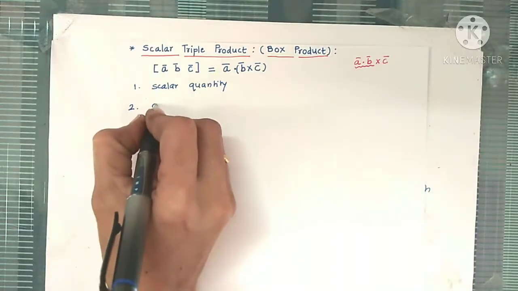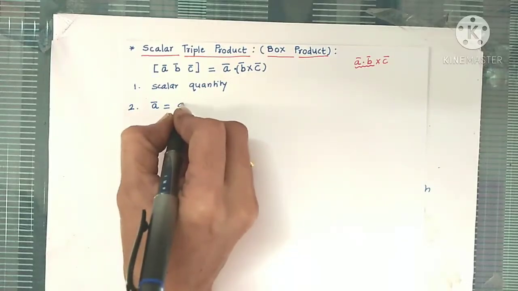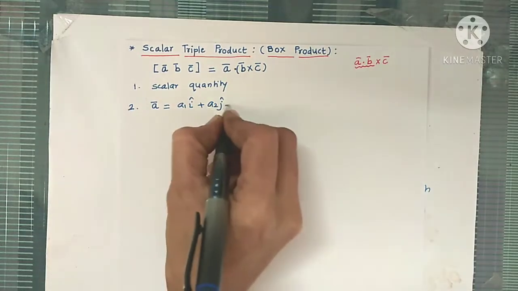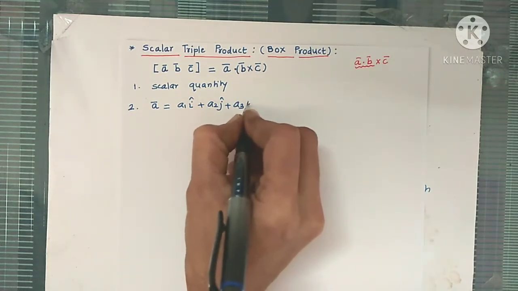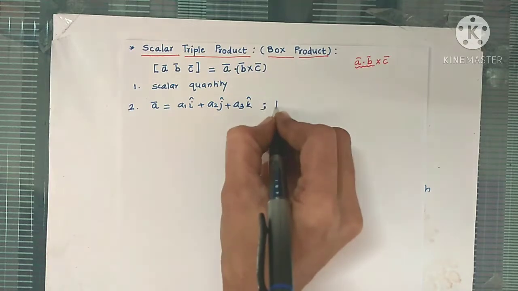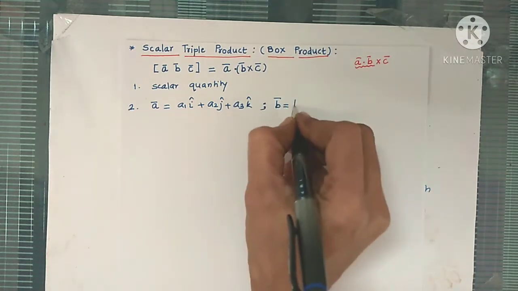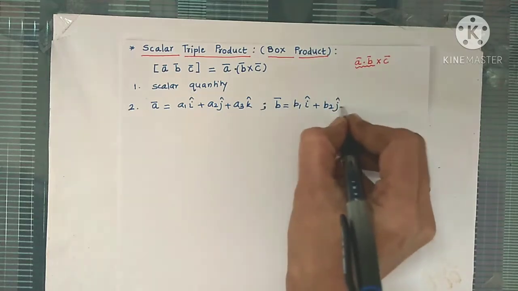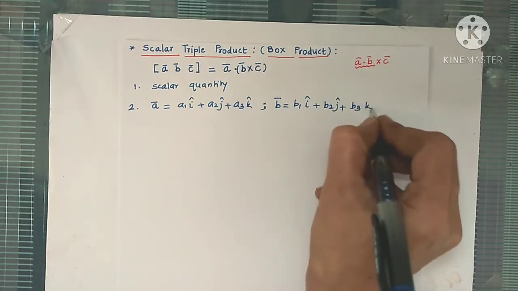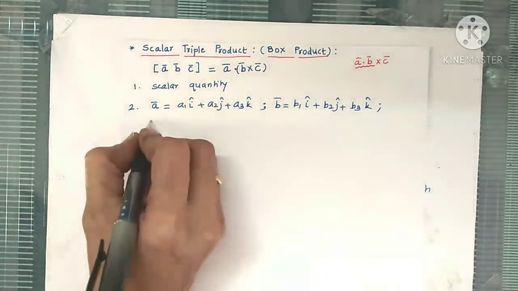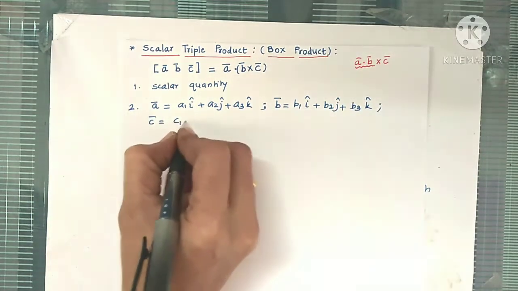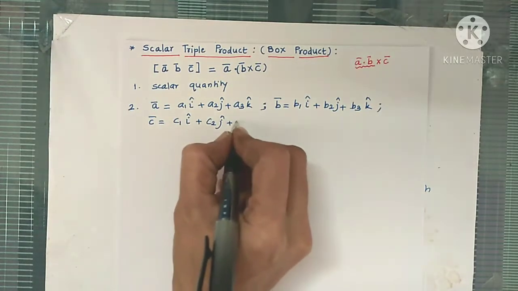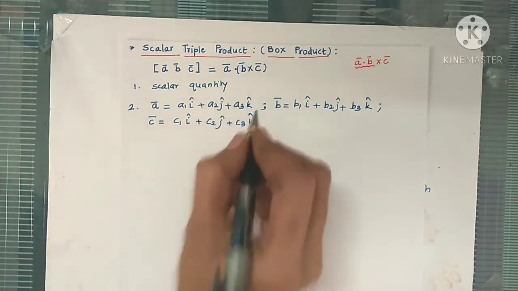If we consider a bar as a1 i cap plus a2 j cap plus a3 k cap, then b bar as b1 i cap plus b2 j cap plus b3 k cap, and c bar equals to c1 i cap plus c2 j cap plus c3 k cap.